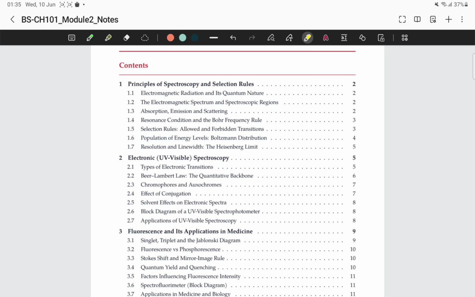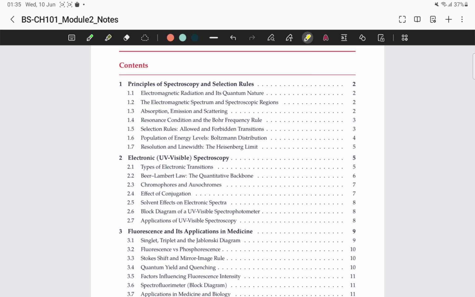So, let's wrap up our module 2, that is our spectroscopic techniques and applications. This video is the first part of a 7-part series where we will master the fundamentals of how light interacts with matter. If you have ever wondered how scientists can look at a chemical sample and tell exactly what its structure looks like just by shining light on it, this is the video for you.